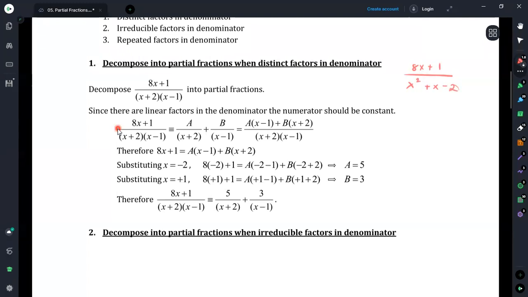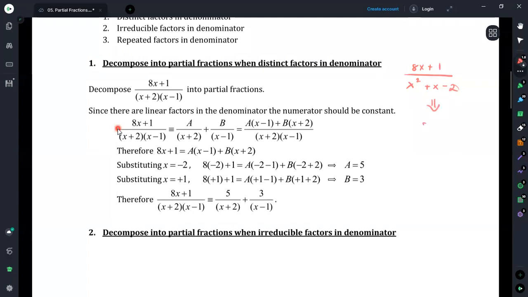Then the first thing you need to do is find out whether there are any factors associated with the denominator or not. And as soon as we see the fraction, we can see that it is a proper algebraic fraction. Therefore, we can use this technique.